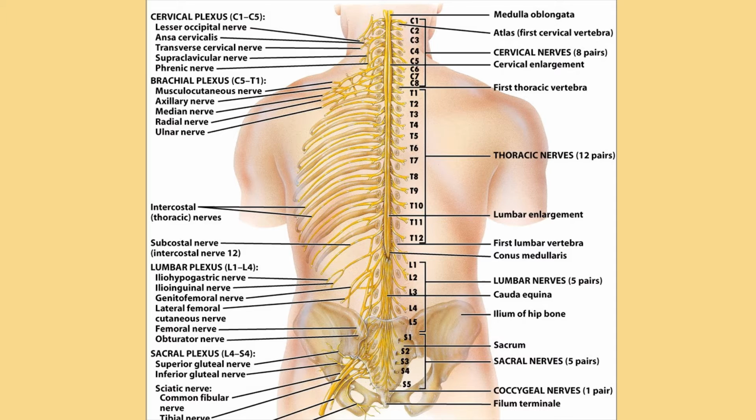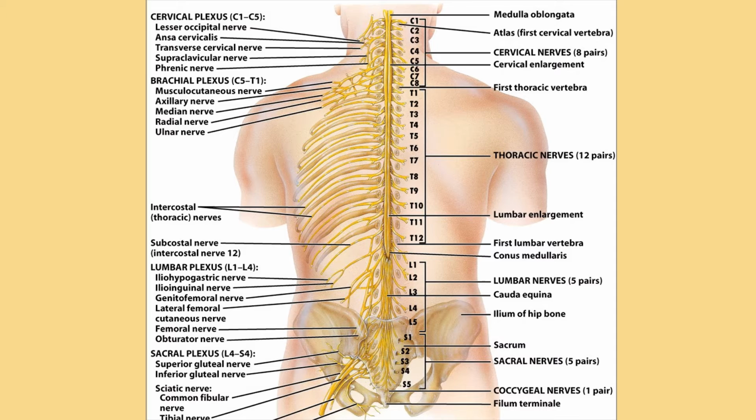Each segment of the spinal cord is defined by the particular vertebra that it's passing through. And you can see the names of each vertebra there. We identify the vertebra by the region of the vertebral column: cervical, thoracic, lumbar, or sacral.